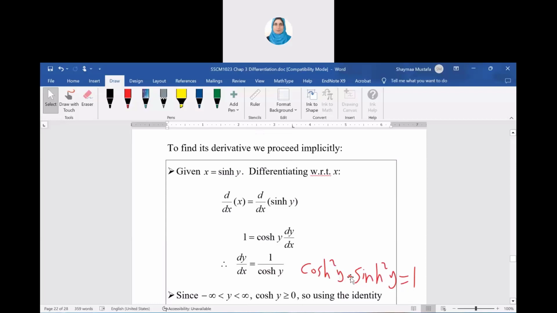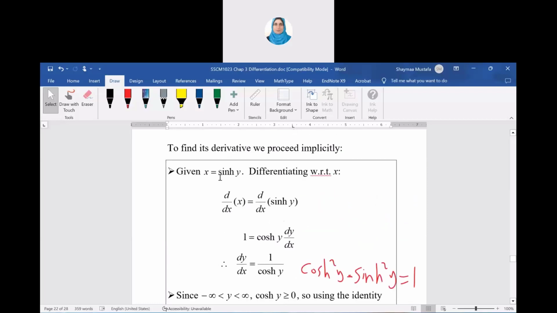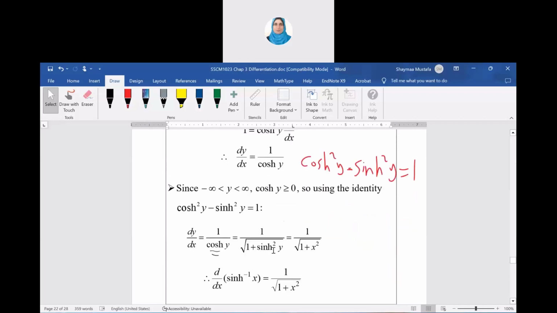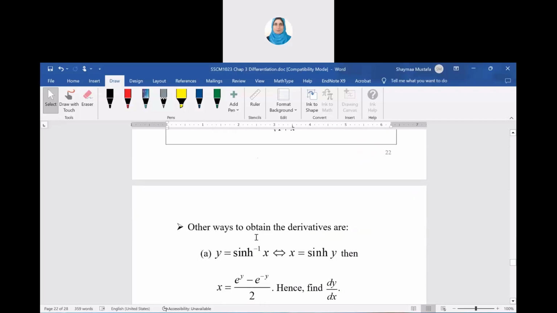The relation comes from this identity: cos square minus sine square is 1, which means that cos y is the square root of 1 plus sine square y, and sine y is x, so sine square y is x square. So the derivative dy over dx, or the derivative for sine inverse x, is equal to 1 over square root 1 plus x square.